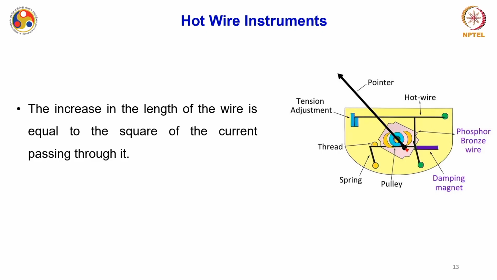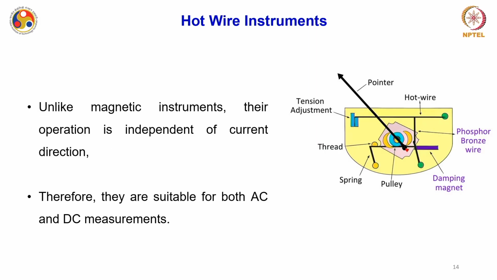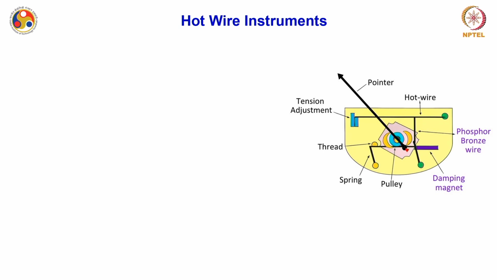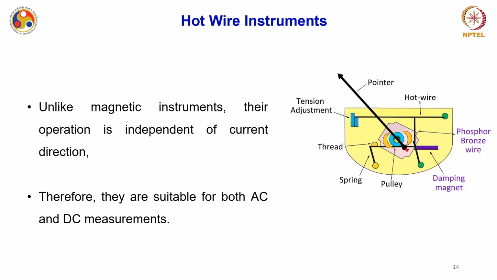So the increase in the length of the wire, delta L, is proportional to the square of the current which is passing through it, okay. So this is a very important relationship for the hot wire instrument, okay. Unlike magnetic instruments, its operation is basically independent of the current direction, okay.